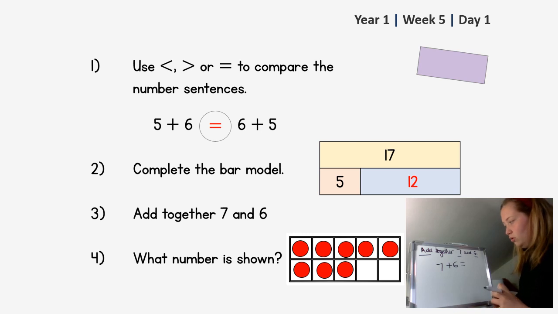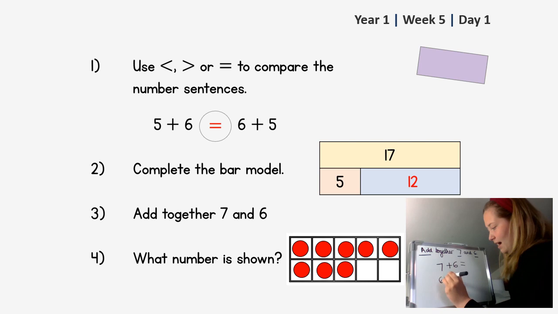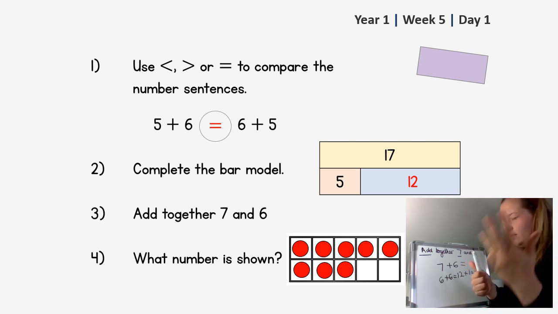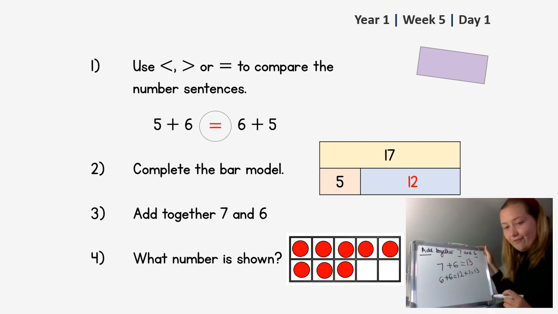Or you could remember that 6 add 6 equals 12 because that's your double of 6, and then add on 1. Or you could put 7 in your head, hold 6 fingers, 8, 9, 10, 11, 12, 13, whichever way you worked out, 13 should be your answer. Tick it if you got it right. Now, let's go on to the next question.